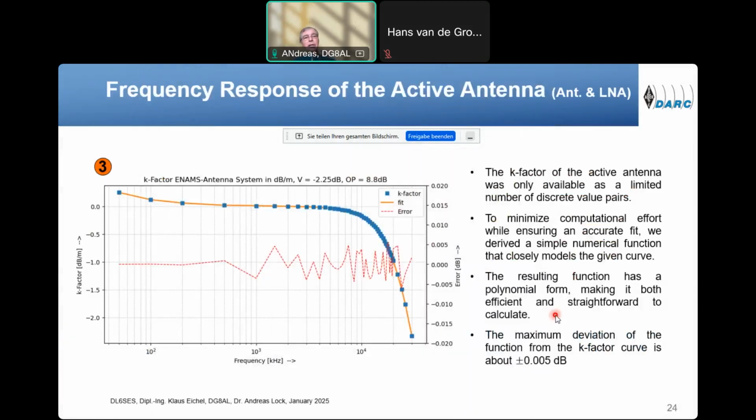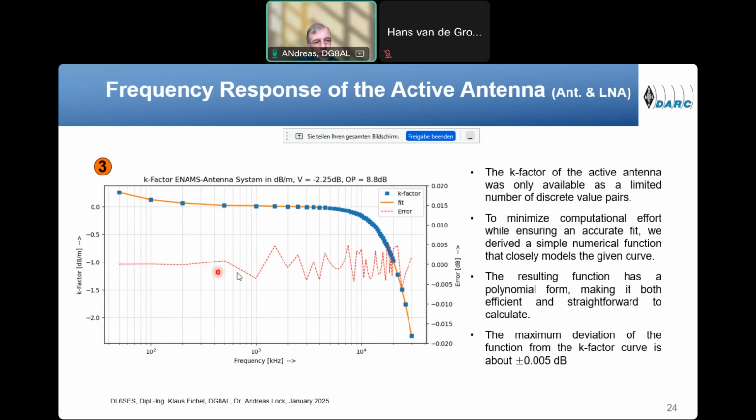In future, we will also include the frequency response of the active antenna. Klaus Logemann provided us with some data value pairs, about 50, which represent the K-factor curve of the ENAMS 2 antenna. I tried to fit it again with a numerical function, which is the orange curve here.